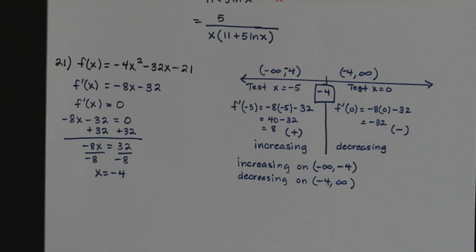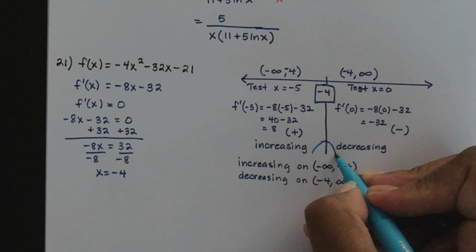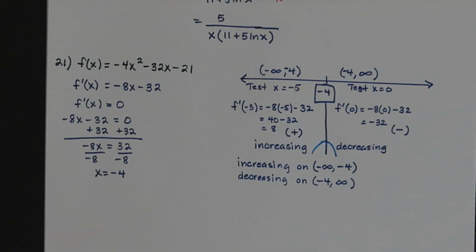Now let's see if we have a local maximum or local minimum. Here it's increasing and then after negative 4, it starts to decrease. So we only have a local maximum.